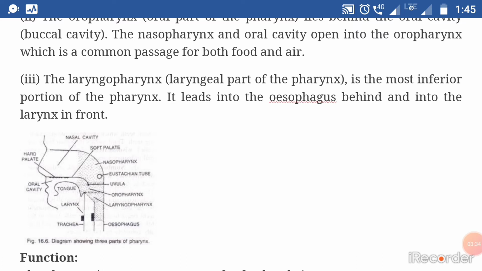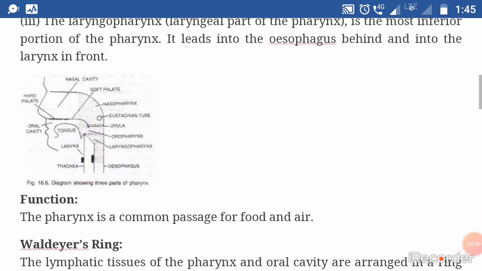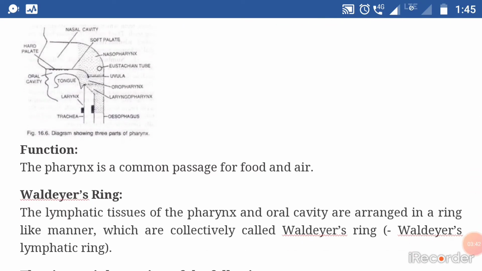So these are the three parts of the pharynx. The function of the pharynx is to be a common passage for food and air. So when we swallow our food, it goes through the pharynx.